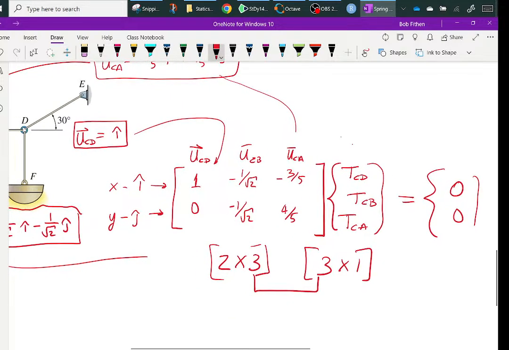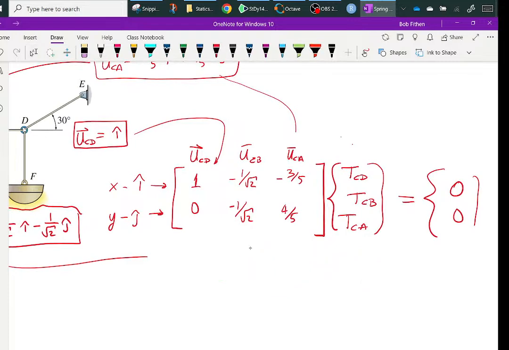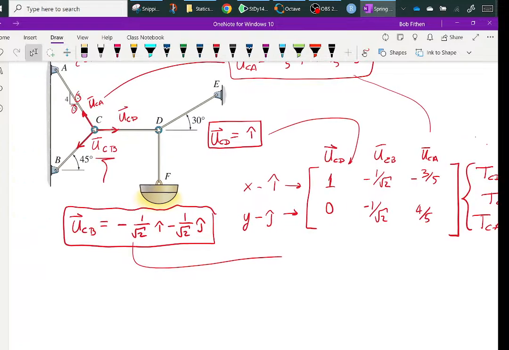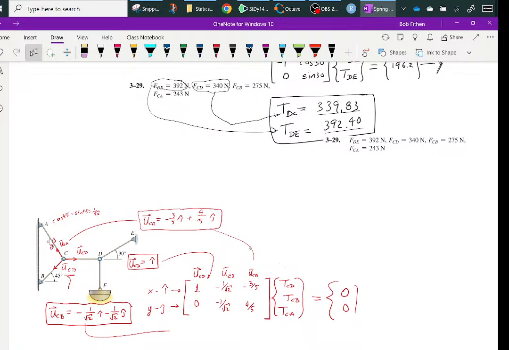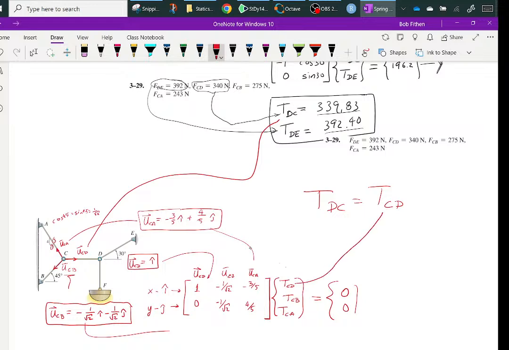And so now I know one piece of information that I can pass over, and that is from the last one, and that is the tension in DC. So the tension in DC is the same thing as the tension in CD, which is that first one, which is 339.83.